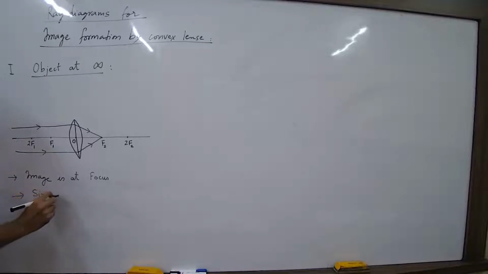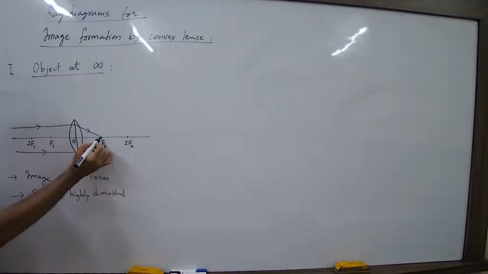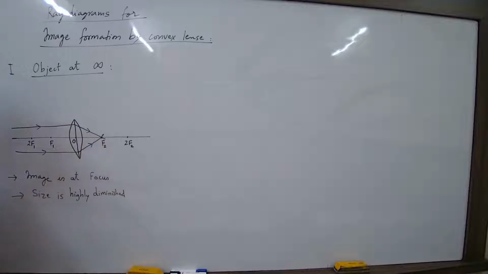Size is highly diminished because it is a point size. This ray will go further, but where is the image formed? Where it is intersecting at the point. What is the nature of the image? Nature is real and inverted.